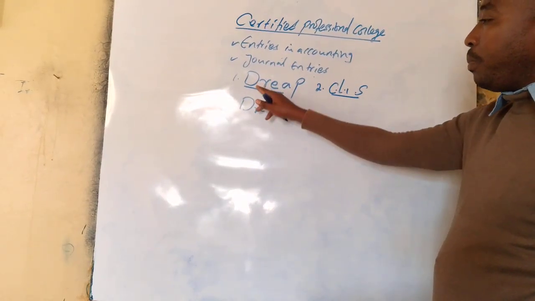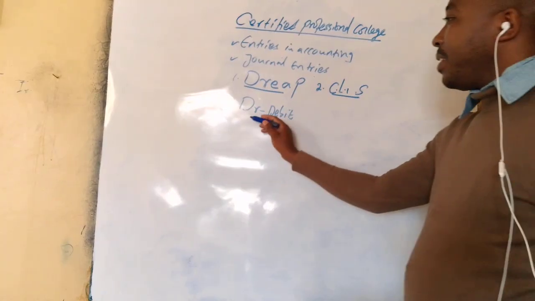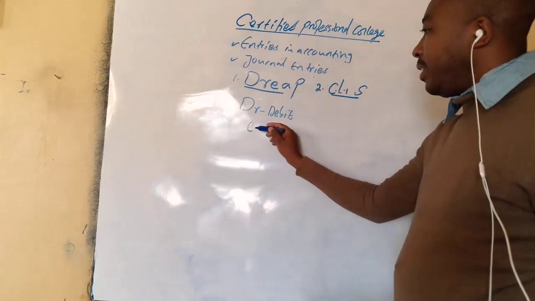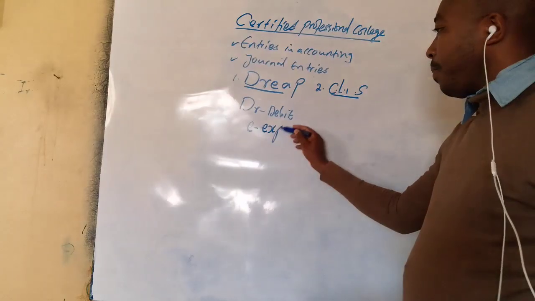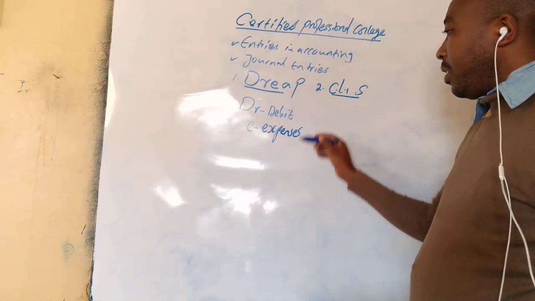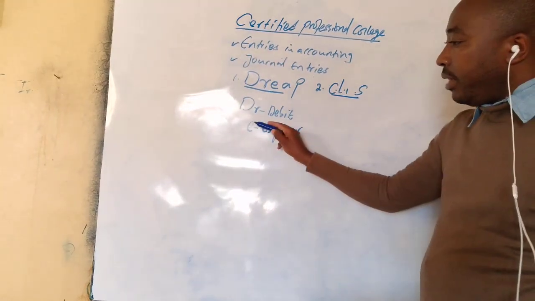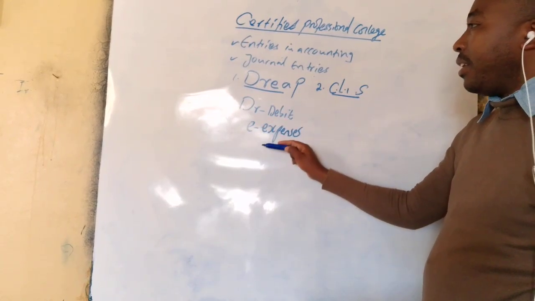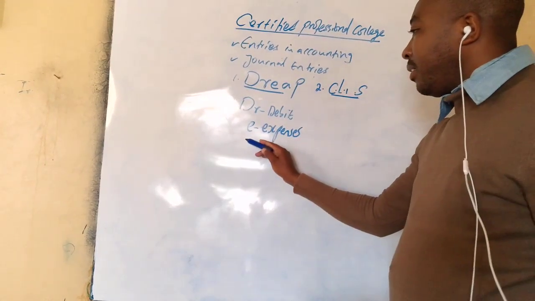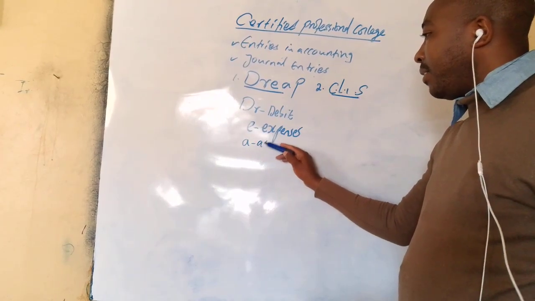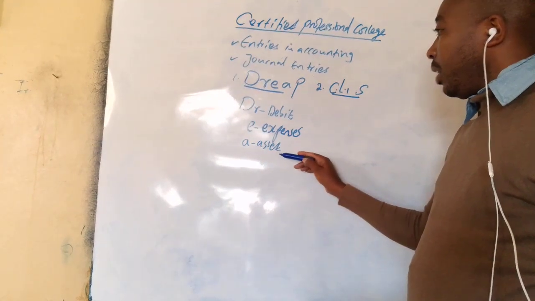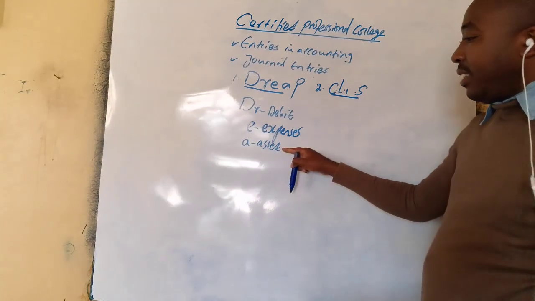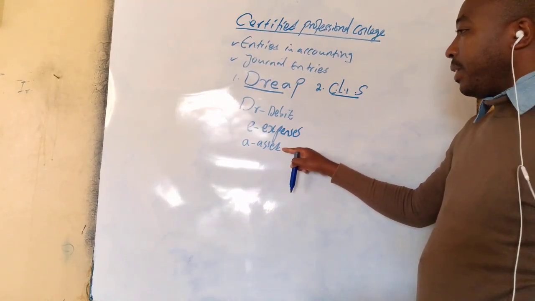This E stands for expenses, meaning anytime you want to record expenses, you record it on the debit side. We have asset. A stands for asset. And here, anytime your asset increases, you record on the debit side.